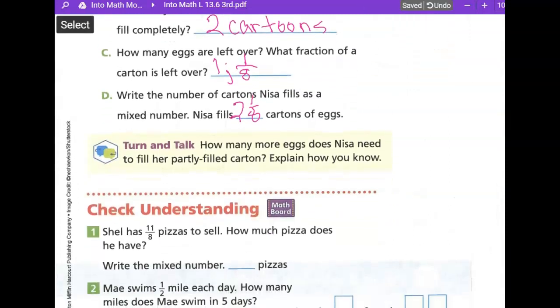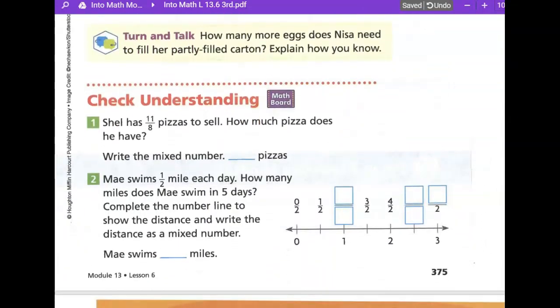Let's go down and look at our check your understanding. Shell has 11/8 pizza to sell. How much pizza does he have? Write the mixed number. So you can draw circles, and let's say we're going to put 8 pieces of pizza in each circle. So this is 8 pieces of pizza.